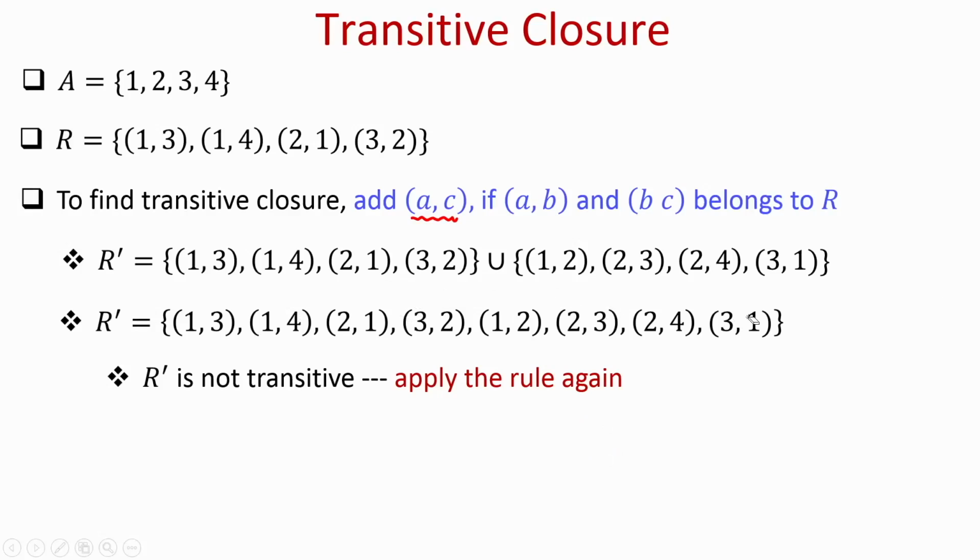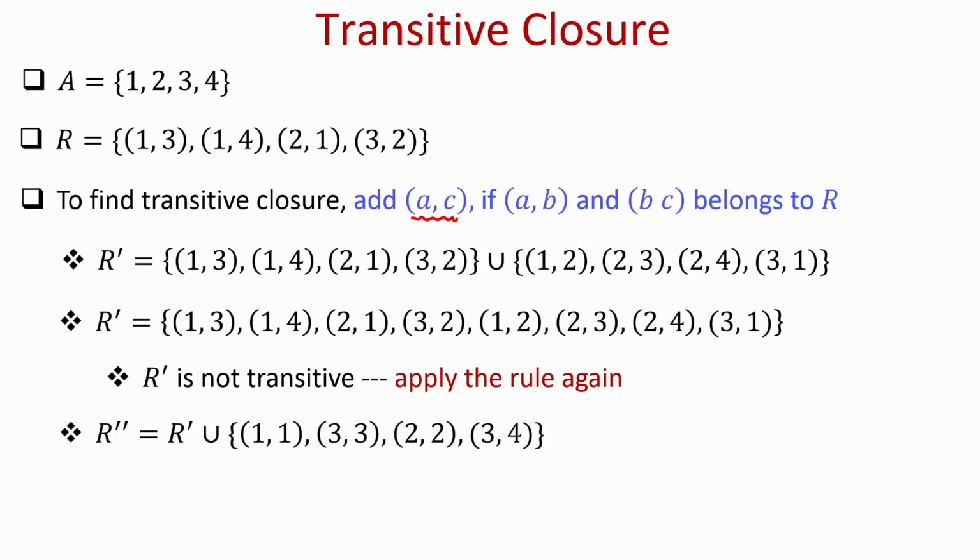So, even though you have expanded R and got R prime, your R prime is not satisfying the transitivity property. So, what you can do is again apply the rule. I take the union of R prime, namely the expanded R, and add all the extra ordered pairs of the form A comma C which were missing in R prime to satisfy the transitivity property. So, I am adding 1 comma 1 here. Why am I adding 1 comma 1?